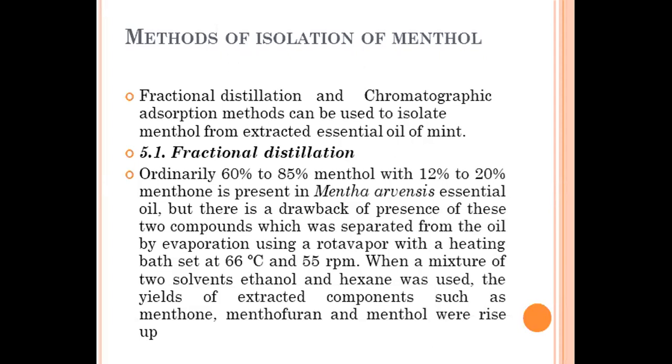When a mixture of two solvents, ethanol and hexane, was used, the yield of extract components such as menthol is raised. When you use these two, ethanol and hexane, you can easily separate out menthol, menthone and menthofuran.